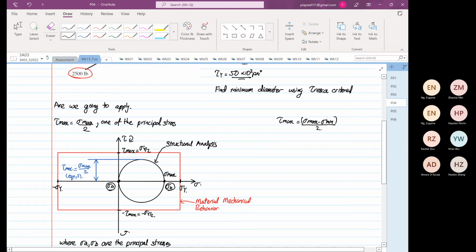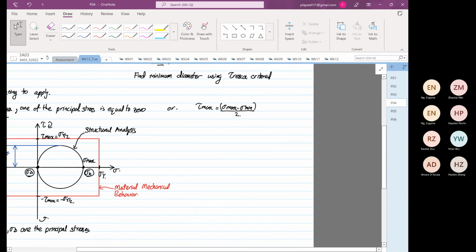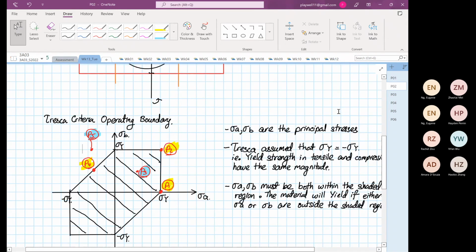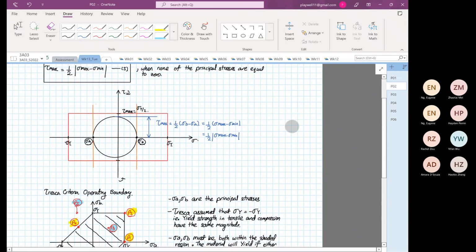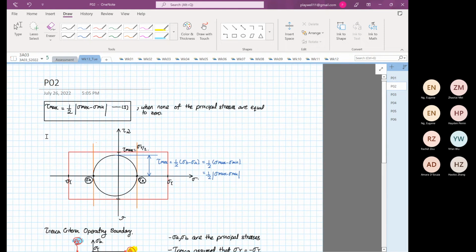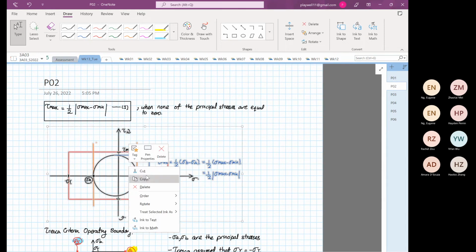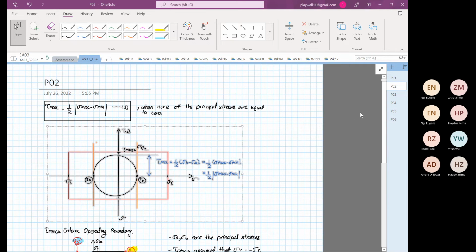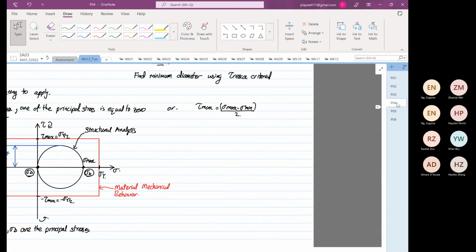If not, then we have to use the other formula, where the Mohr circle looks like this.